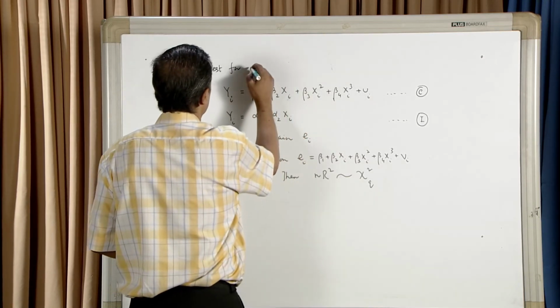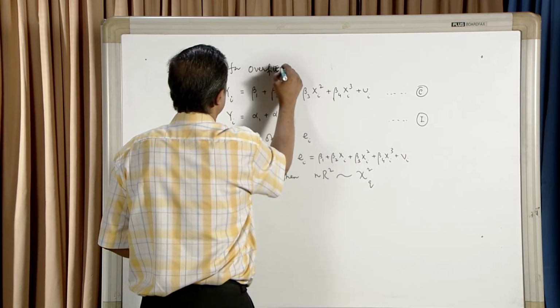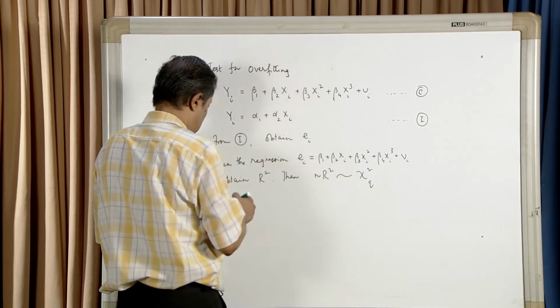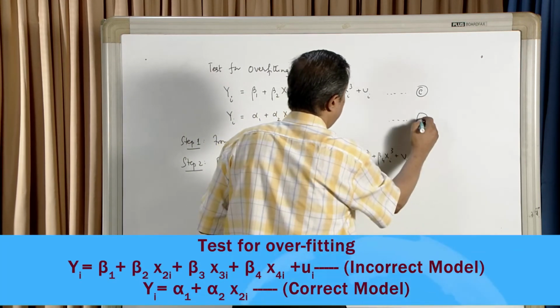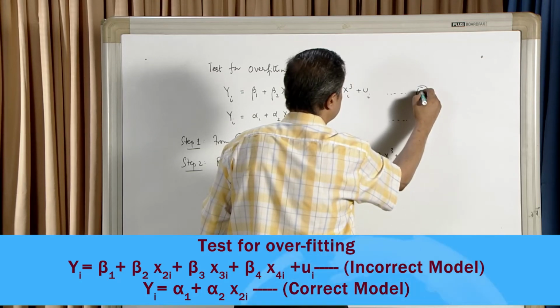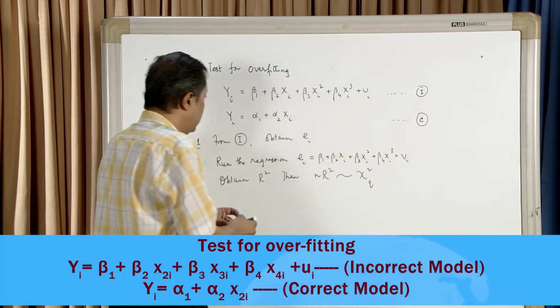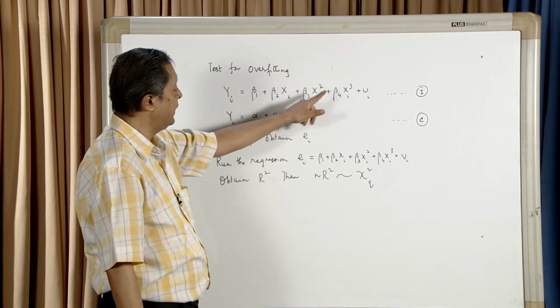So, now this is the correct model and this is the incorrect model. So, the correct model has only x, the incorrect model has x, x square and x cube.